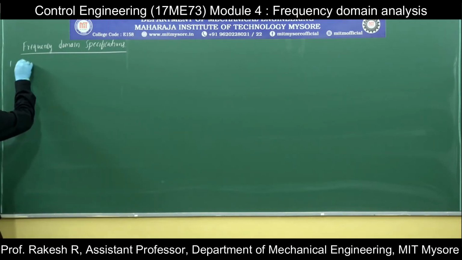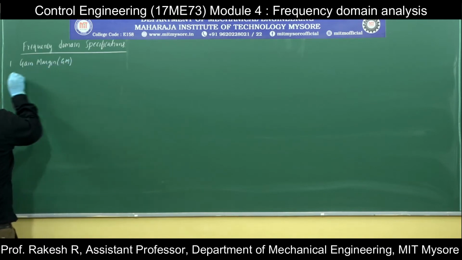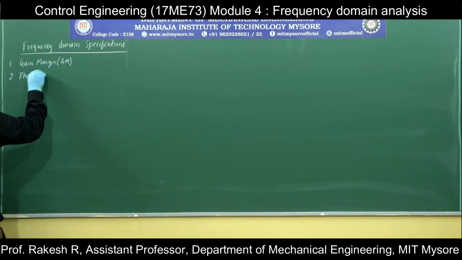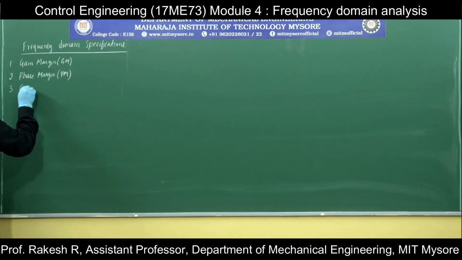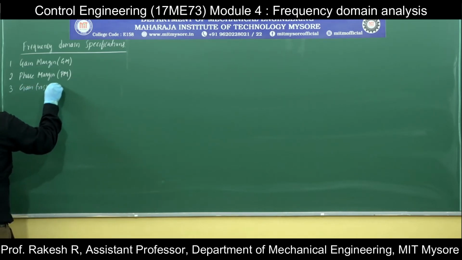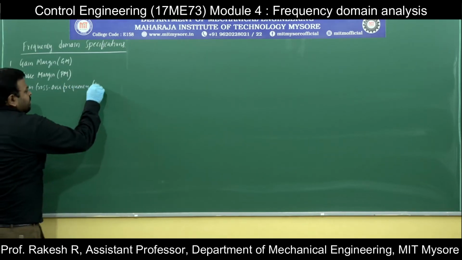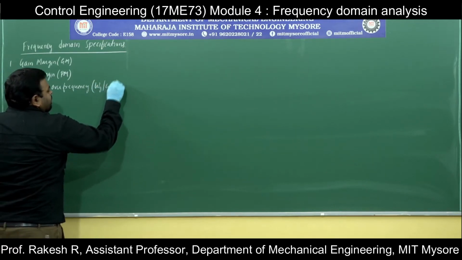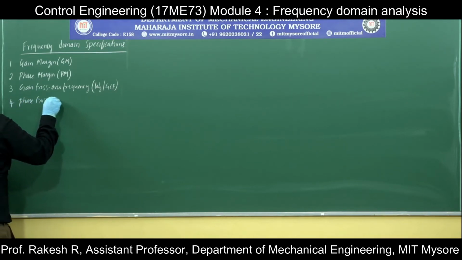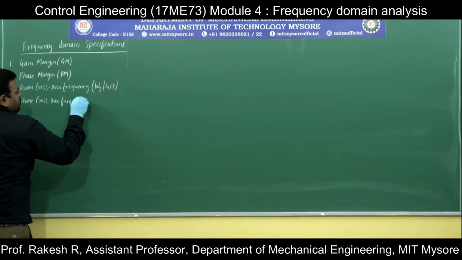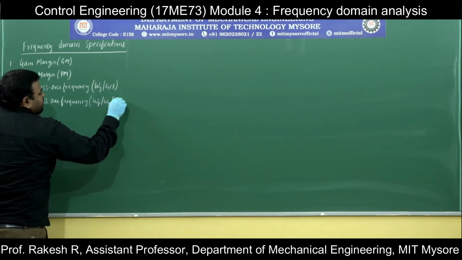Number one, it is gain margin, which is denoted by GM, then phase margin, PM, gain crossover frequency, denoted by omega G or GCF, then phase crossover frequency, so this is omega pi or omega P or PCF.